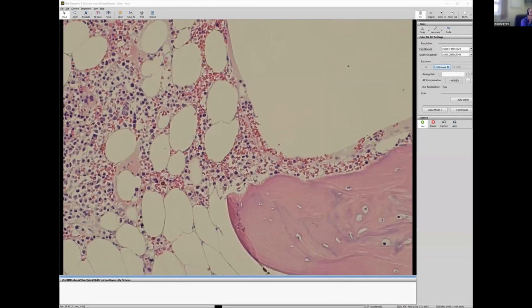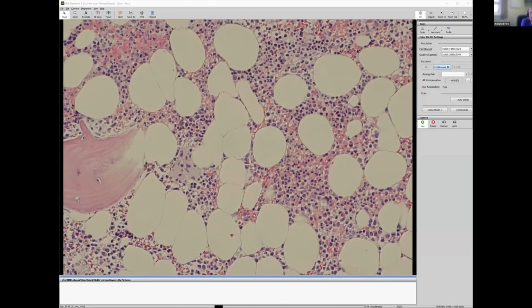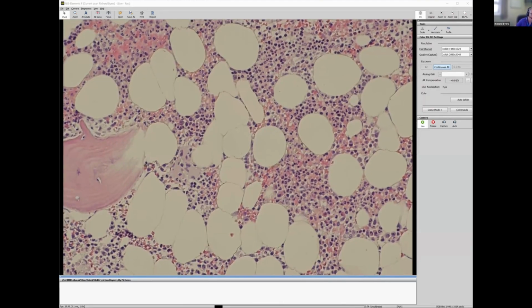There's quite a lot up in this area as well. There's another one there, and so on. So on the basis of these atypical megakaryocytes, this patient was considered to have ongoing myelofibrosis.